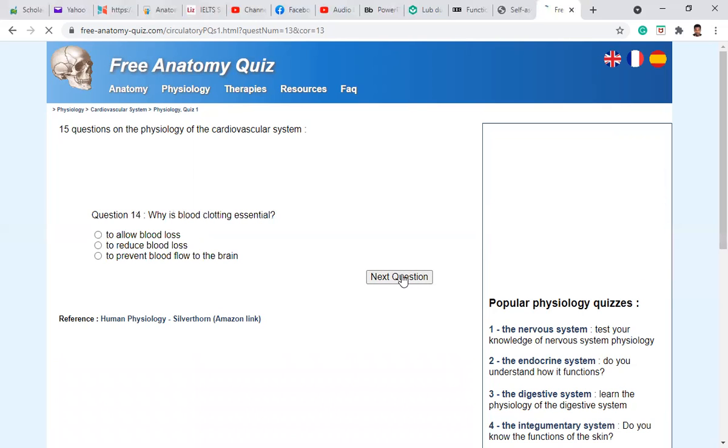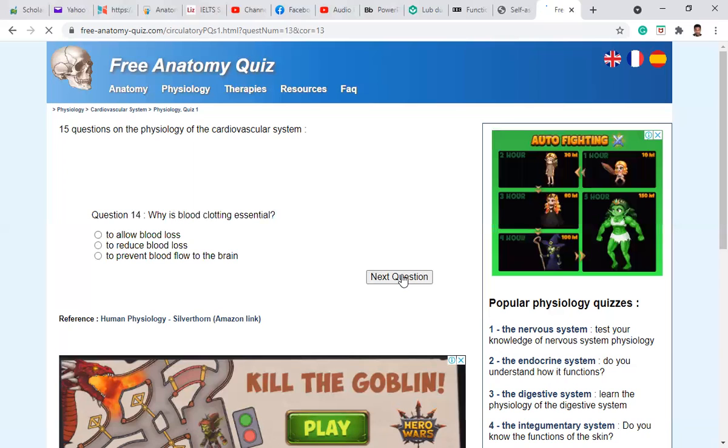If you have that blood clot around the heart, you could have an angina pectoris or a myocardial infarction if there's serious damage to the heart. Why is blood clotting essential? To reduce blood loss. Yeah.